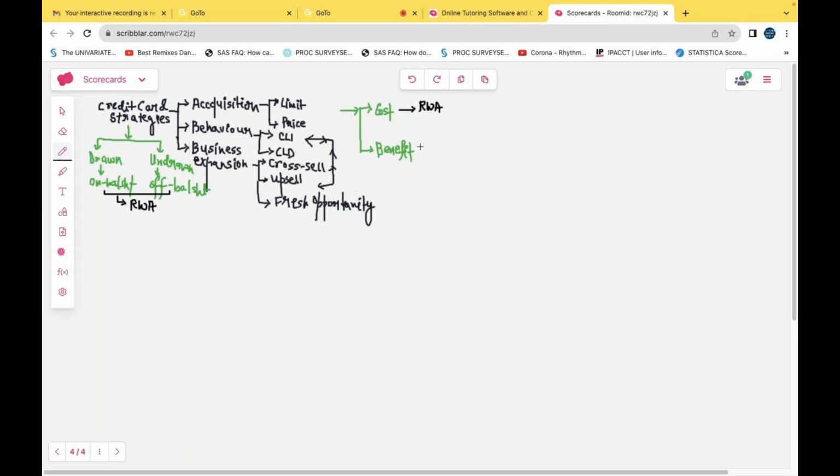The benefit from this would come from two types of income sources. What are the two kinds of income sources? One is the interest income, and the other is the non-interest income or fee-based income that would come from the card, right?